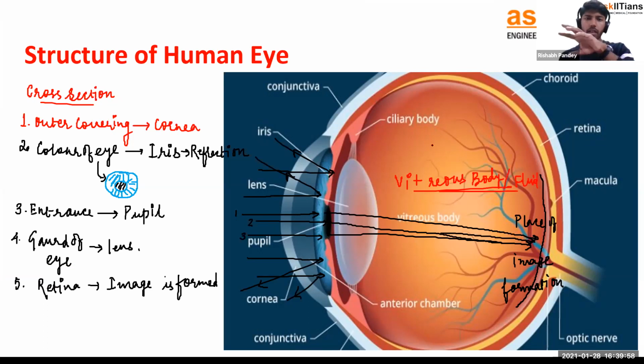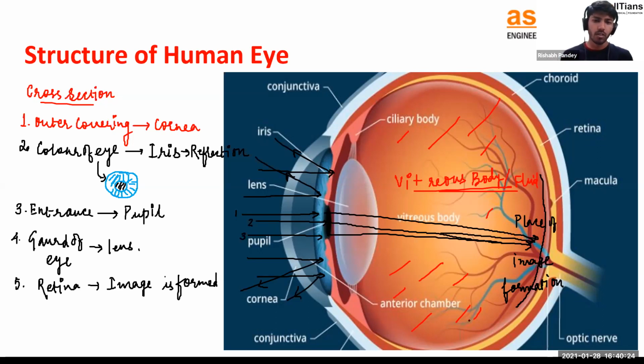This fluid is covered in all these regions. Because if this fluid were not present here, the shape of the ball could not be kept like that, due to pressures and other factors. So the shape would get distorted. So this vitreous body is basically the backbone, or the basic holding structure.